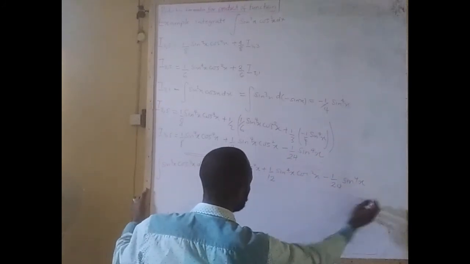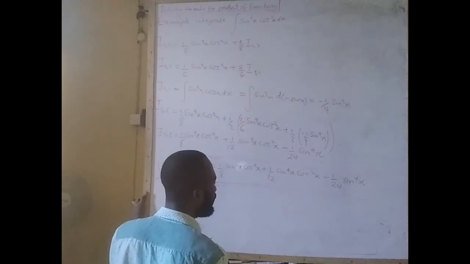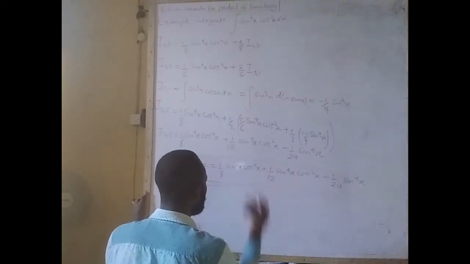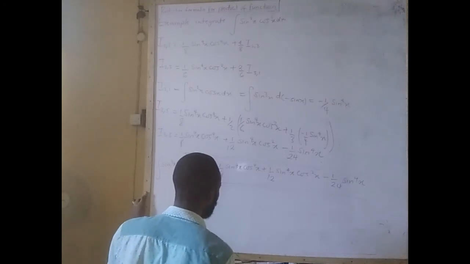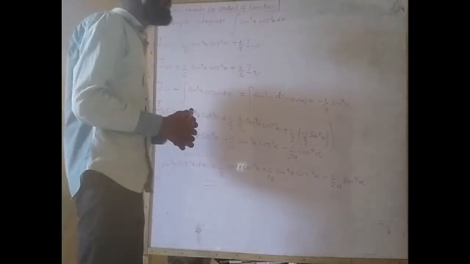That is the solution. You can simplify further if you like. You can take cos square x to 1 minus sine square x. The same thing to this cos 4x. You can also do that. I think that is the solution to the question.